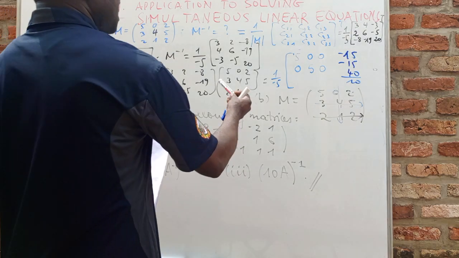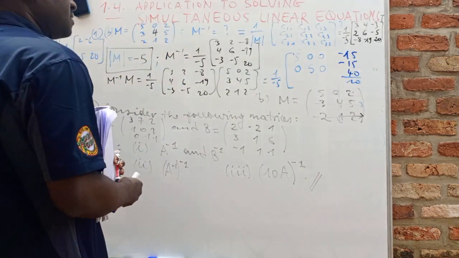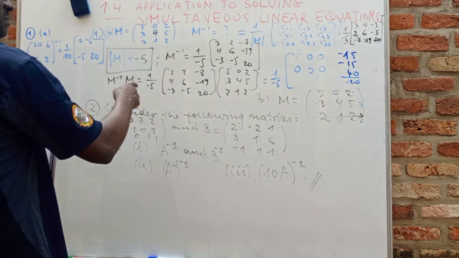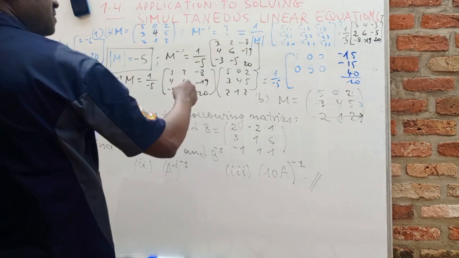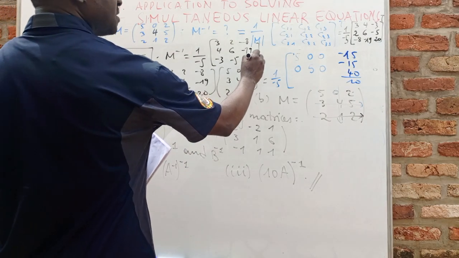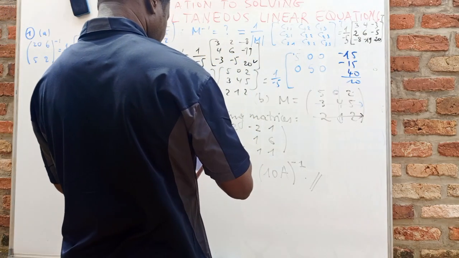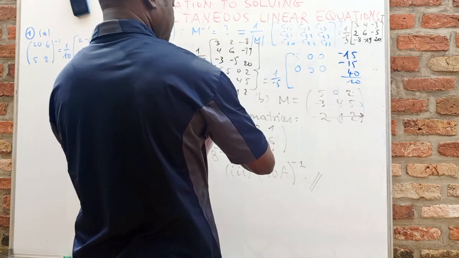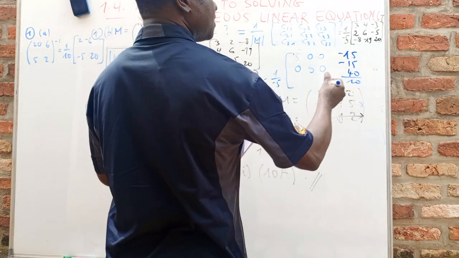Possibly the second row is where there is a problem. I have to check. So I checked for this. This is correct. I checked for this. So I have checked for this one.